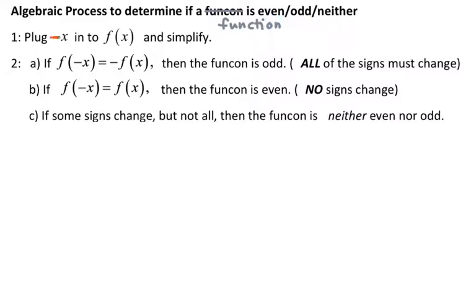Essentially, all you want to do to determine the even or oddness of a function would be to plug in negative x. All right, so we're going to plug in negative x to the function and we're going to simplify. If I plug in negative x and after I simplify I am able to factor a negative out in front, and we have the negative or opposite of that original function, meaning all of the signs changed, we would say it's odd.